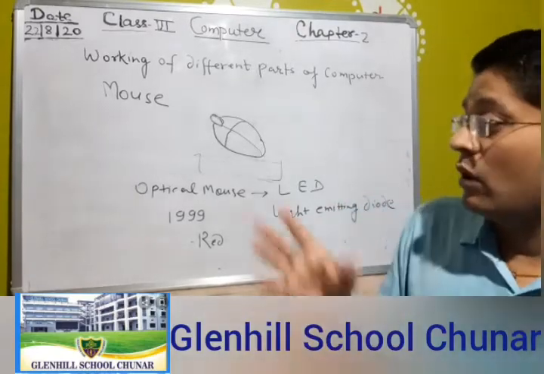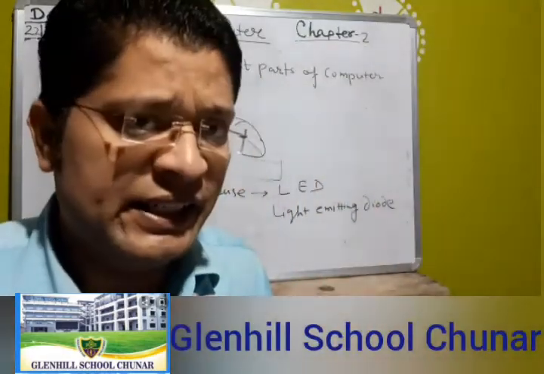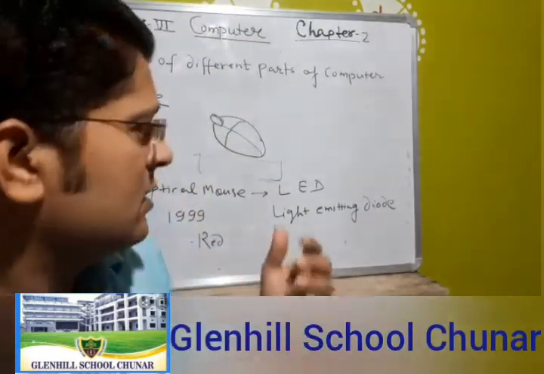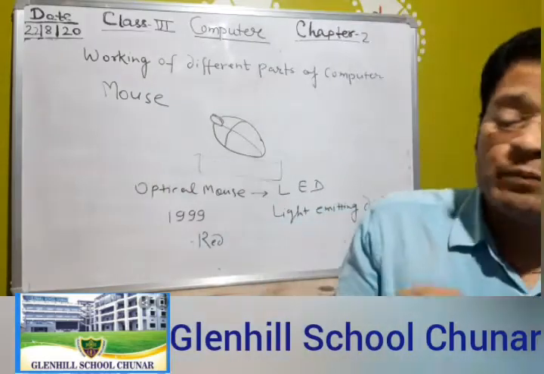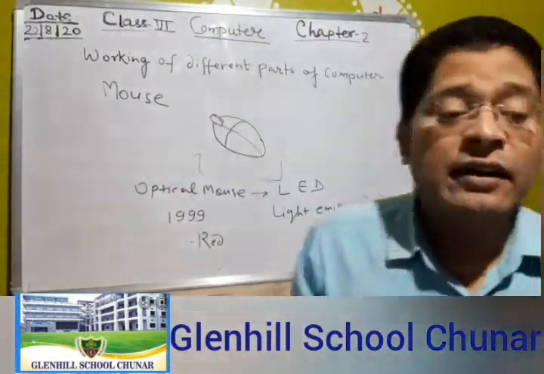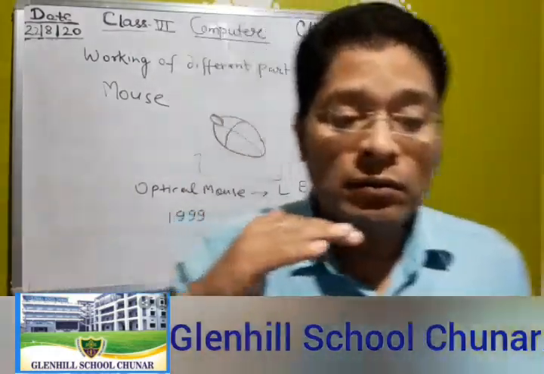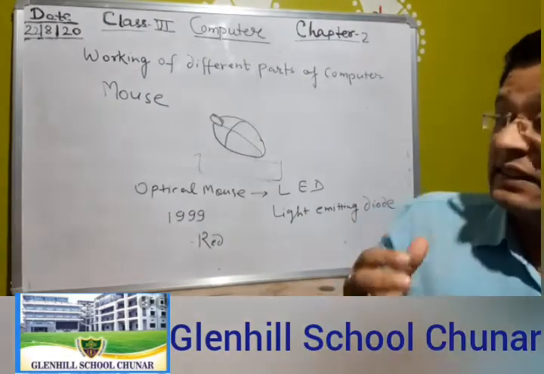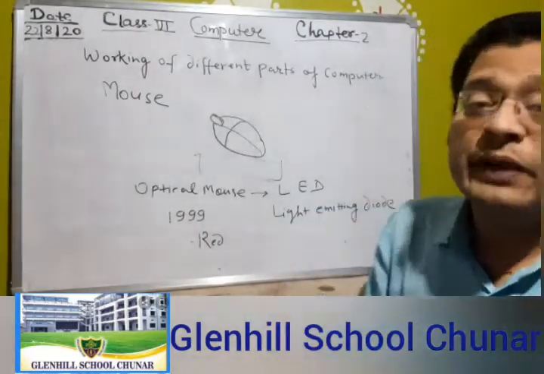Okay, yes. So the optical mouse works with an LED, light emitting diode. Okay, yes. So the DSP detects the image and can determine if the mouse has moved, at what distance it has moved, and at what speed.